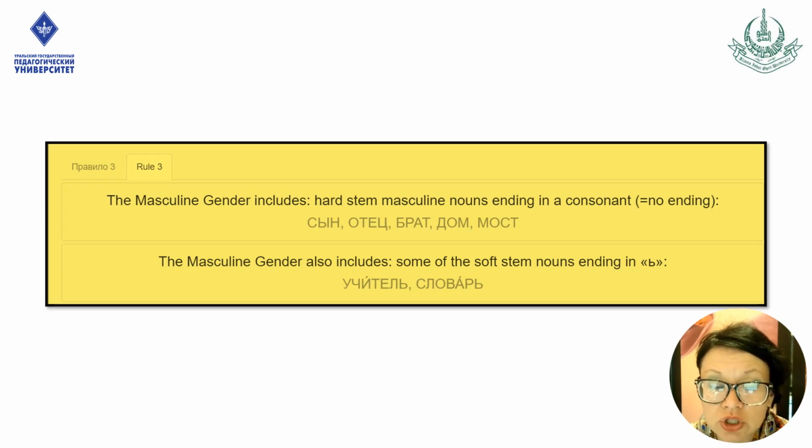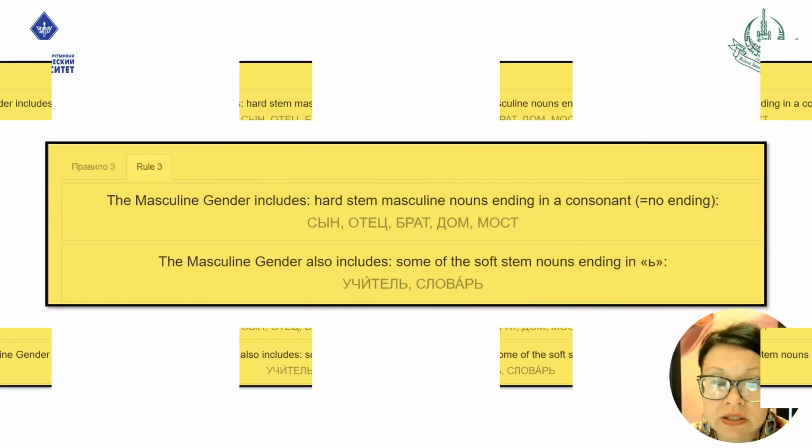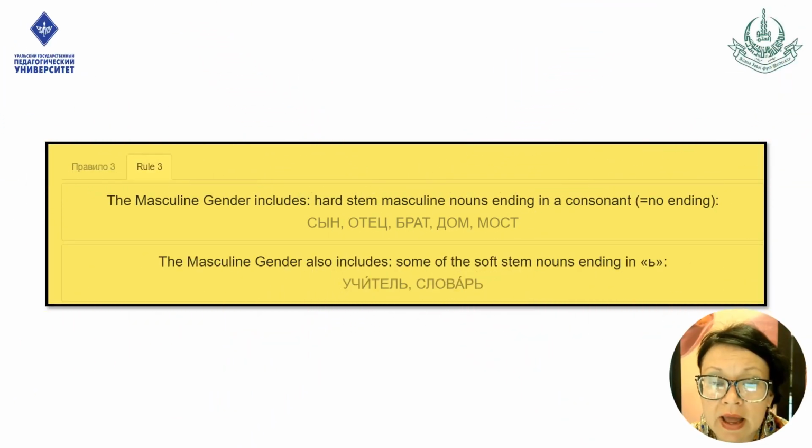So the masculine gender includes hard stem masculine nouns ending in a consonant or zero ending, no ending. For example, such nouns as сын, отец, брат, дом, мост. The masculine gender also includes some of the soft stem nouns ending in soft sign, мягкий знак.